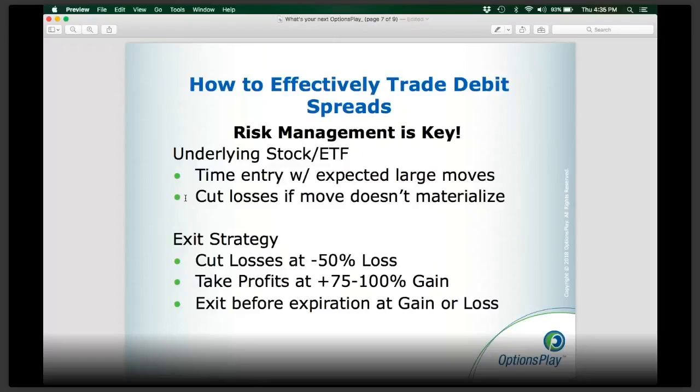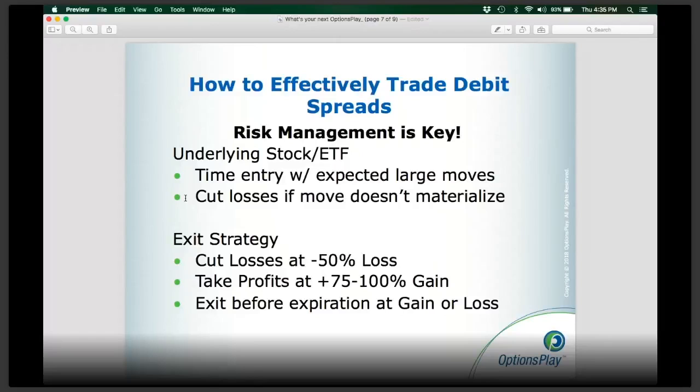Okay. And some of the rules of thumb that you can use when you're trading these strategies is you want to cut your losses if you've lost more than 50% of the premium you've paid on the debit spread. So if you paid $1 for a spread and it's trading at 50 cents or lower, cut your losses, move on. Same thing on the upside. If you've gained 75 to 100% on the upside, that's a time to start taking profits.